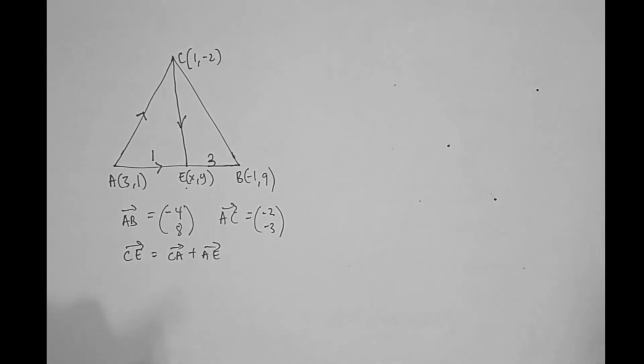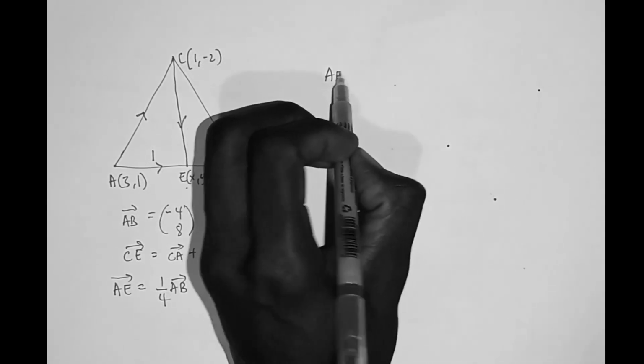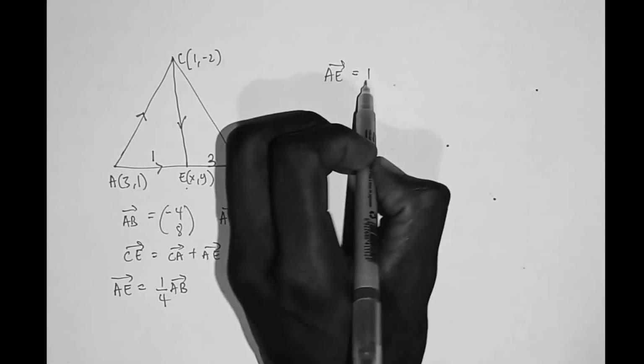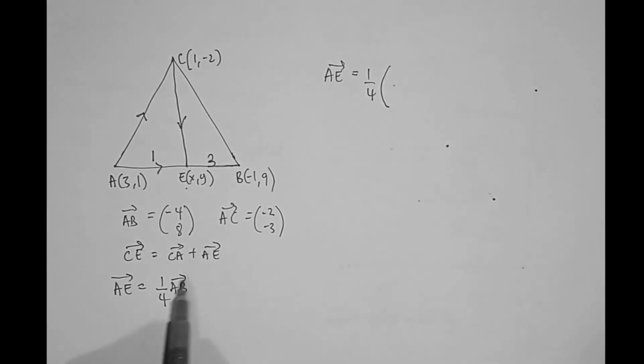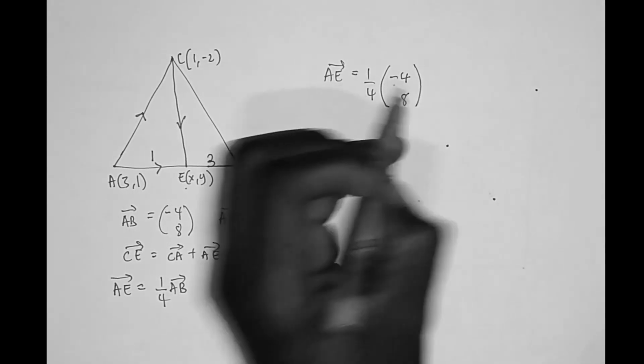We see that the vector AE is equal to, 1 plus 3 is 4, so it's 1/4 the vector AB. So vector AE is equal to 1/4, and we got the vector AB as -4 and 8.